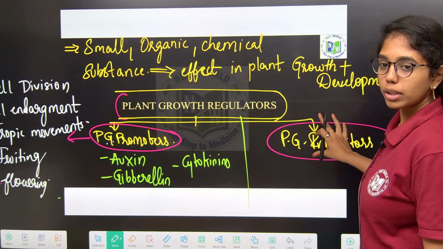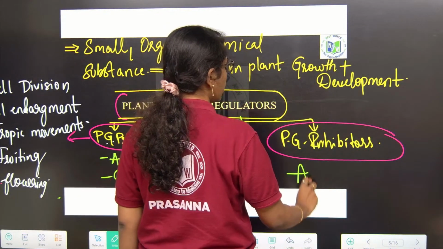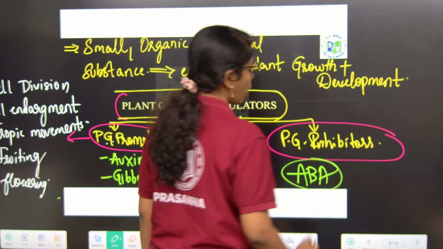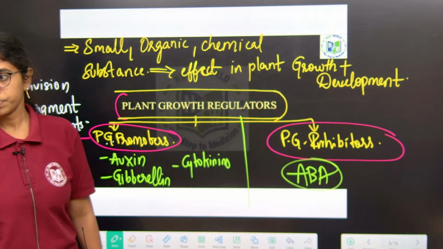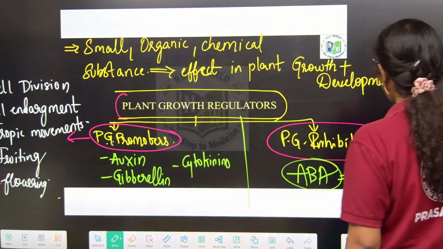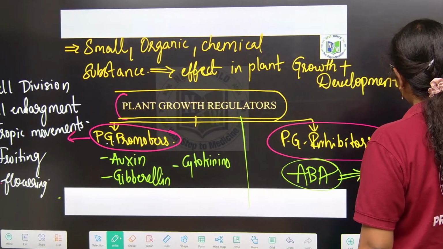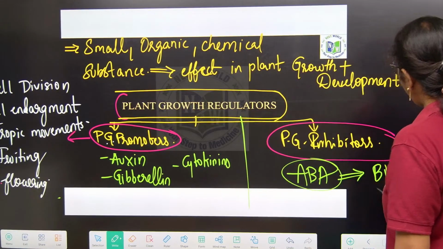Now plant growth inhibitors. The best example of a plant growth inhibitor is the hormone abscisic acid, which is popularly known as the stress hormone. This is involved both in biotic stress and abiotic stress.